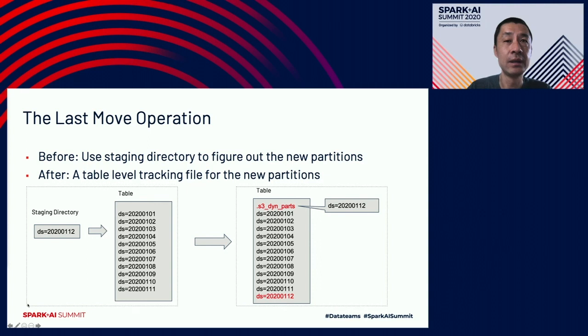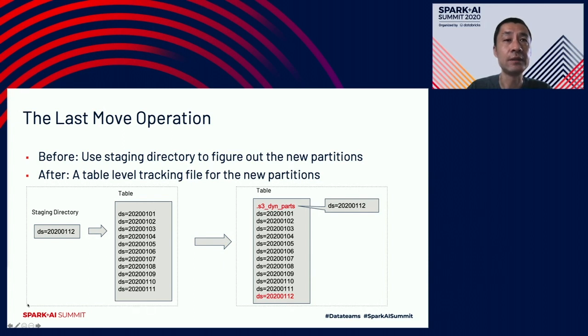For example, the Spark application produces a new folder ds equals 2020 January 12th in the staging directory. By listing the staging directory, Spark can figure out the new folder ds equals 2020 January 12th and add partition metadata to Hive Metastore, along with moving the folder to the table location.